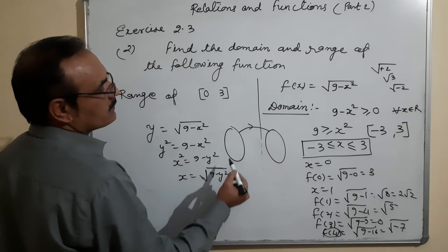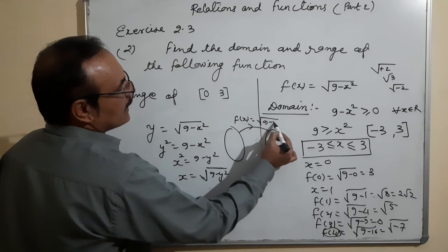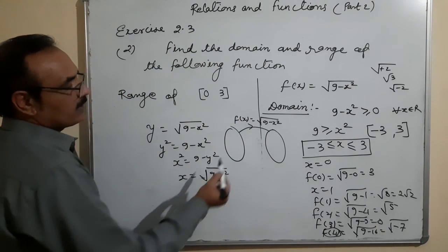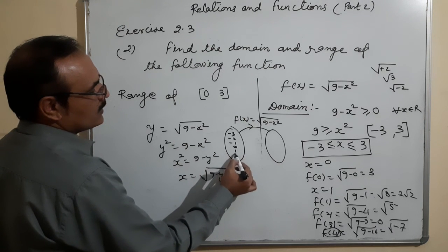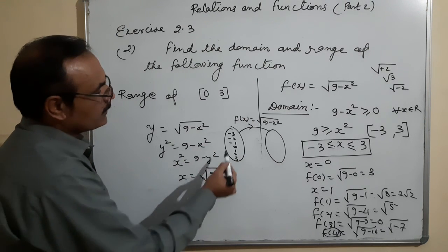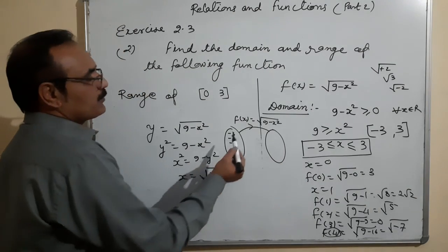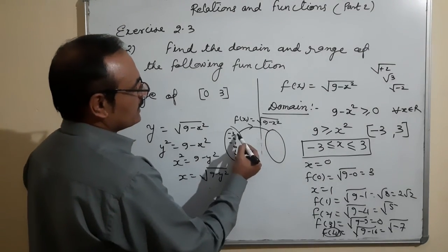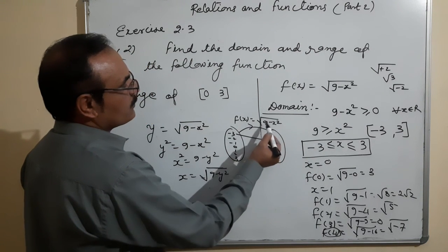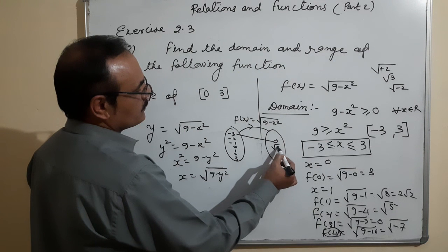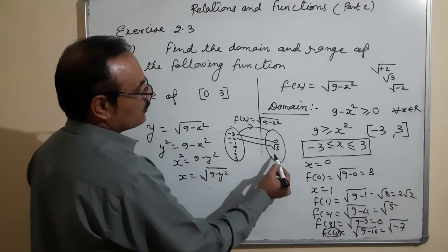This is the function f of x is equal to under root 9 minus x square. Okay. Value -3, -2, -1, 0, 1, 2, 3. Not only these, many values coming between -3 to +3. Okay. But whenever you put the value here -3, so 3 3 is 9, 0. -2, when you put here 4, 9 under root 5. -1 under root 8.